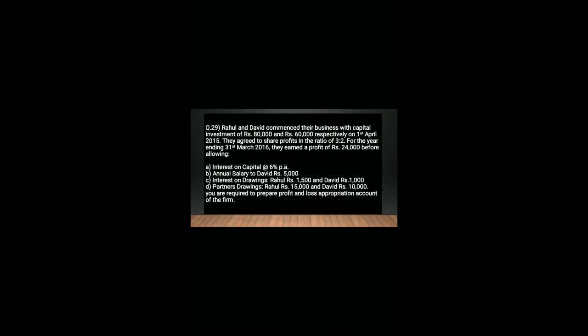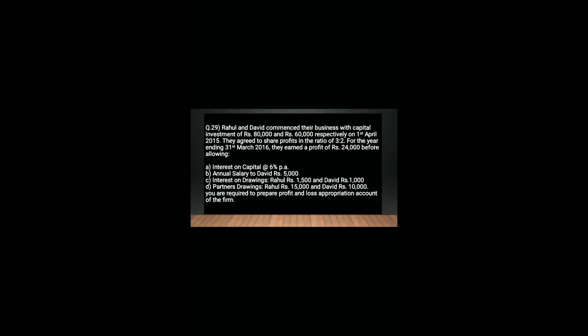Question number 29. Let us read it. Rahul and David commenced the business with capital investment of rupees 80,000 and 60,000 respectively on 1st April 2015. They agreed to share profits in the ratio of 3:2. For the year ending 31st March 2016, they earned a profit of rupees 24,000 before allowing interest on capital 6% per annum.